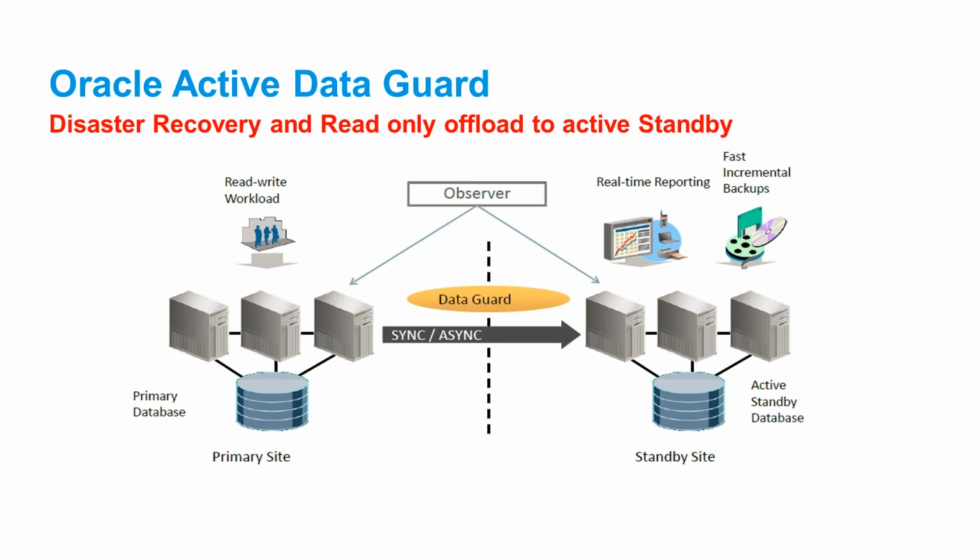So you can use the target database for disaster recovery and offload your queries to the active standby. You can replicate the data using DataGuard to the target in synchronous or asynchronous mode, and you can also replicate it immediately or in deferred mode as well.